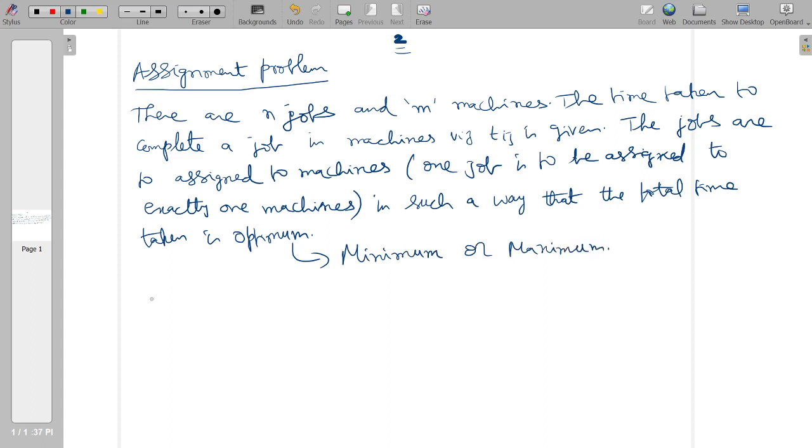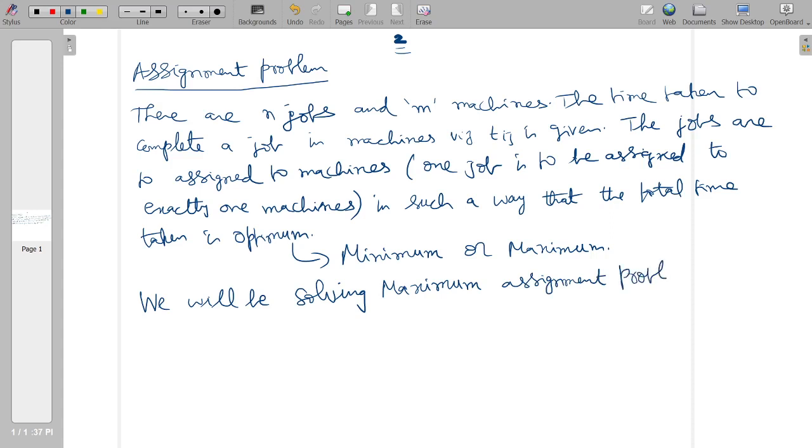So now we will be solving the maximum assignment problem using graph theoretical techniques.